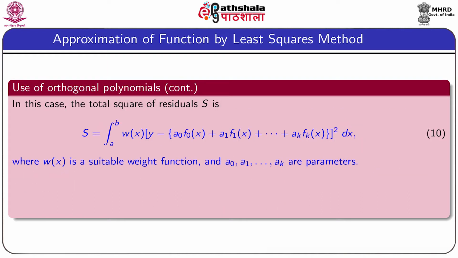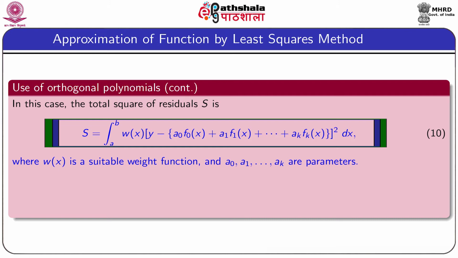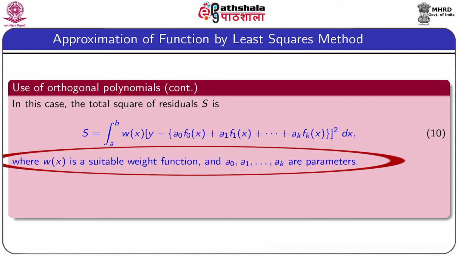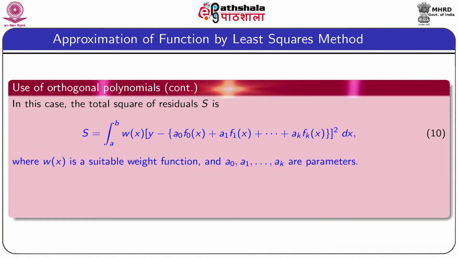In this case, the total square of residuals is integration a to b w(x) into y minus (a0 into f0(x) plus a1 into f1(x) plus dot dot dot plus ak into fk(x)) whole to the power 2 dx, where w(x) is a suitable weight function and a0, a1 up to ak are the parameters.